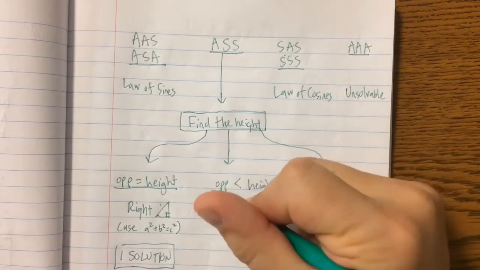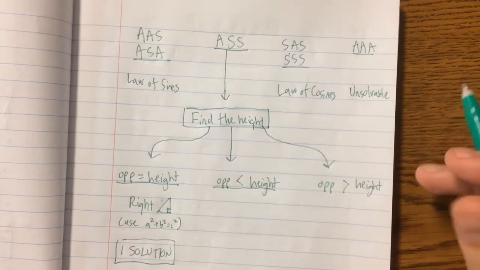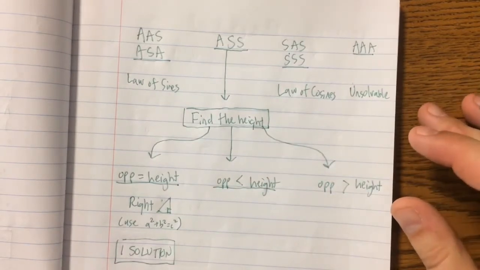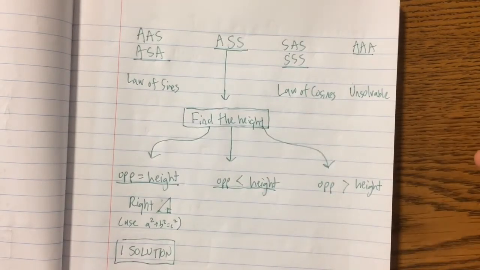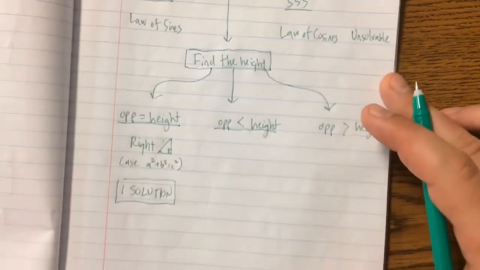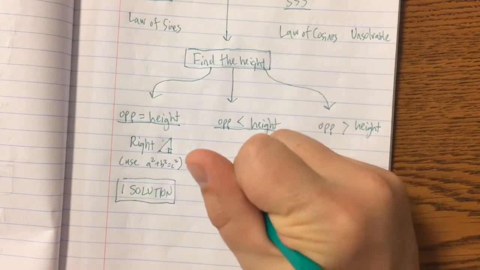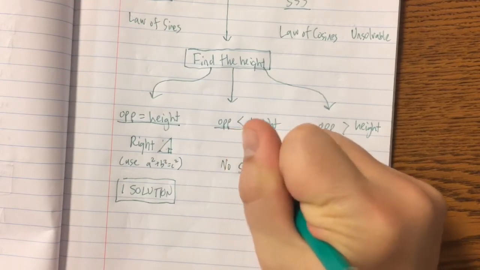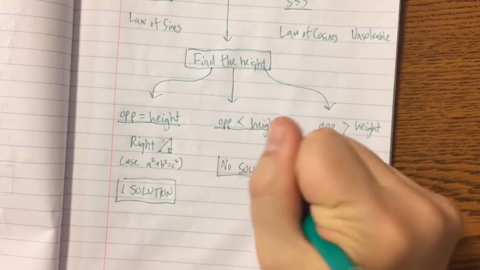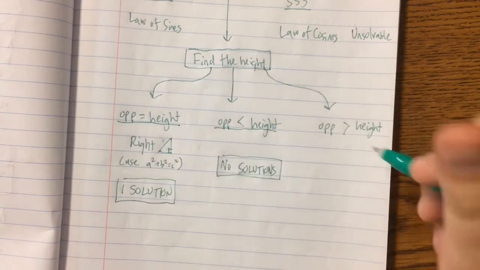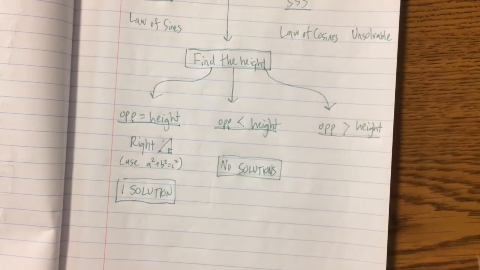Now, if the opposite side is less than the height, if it's shorter than the height, then what happens? There's no solution. There's no triangle. There are no solutions. However, if the opposite side is longer than the height, then you have to check one more thing.